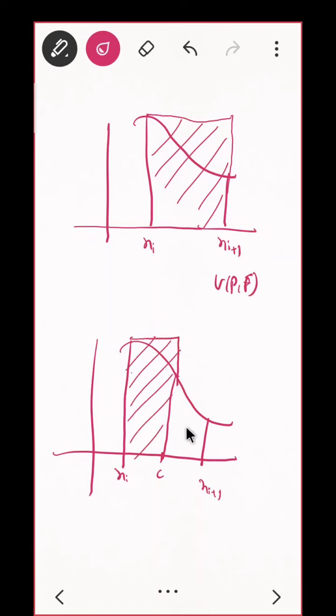This will be my area at C. This will be my maximum. What do you think now? Which shaded region has more area? And what is the inequality? I have drawn UP1F. Which one is less, which one is more in this case?